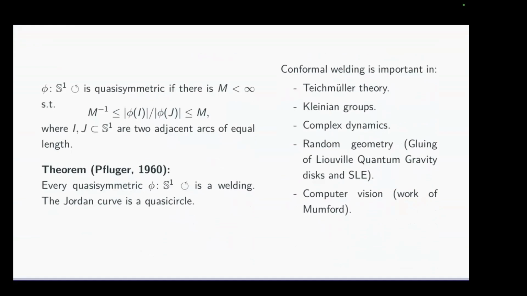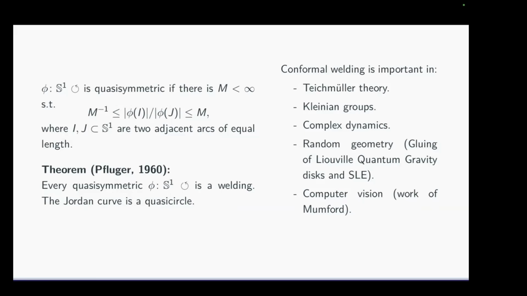It's also very important in Kleinian groups, since there is this very stable uniformization theorem for Kleinian groups, and conformal welding lies at the very construction, when you prove this theorem. It's also very important in complex dynamics, and it also appears in other contexts, like random geometry, when you glue two Liouville quantum gravity disks, and then you can see that you get SLE in some cases.